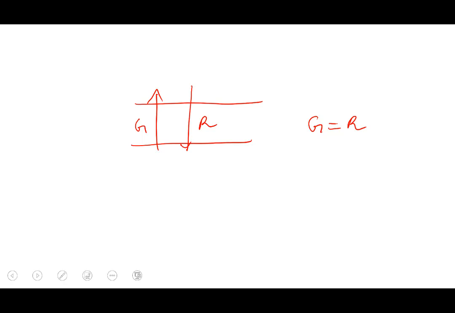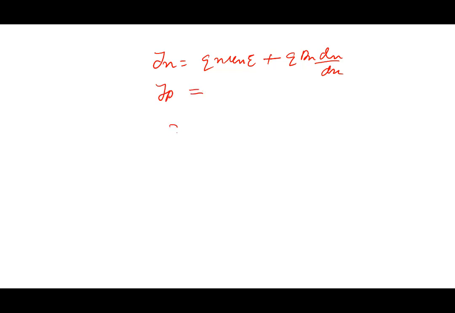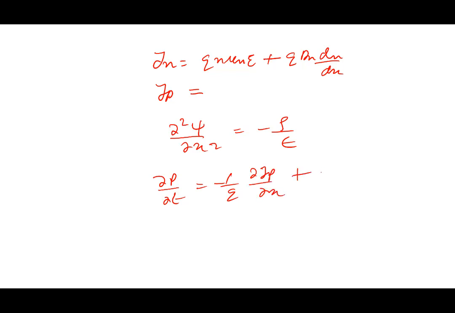All right, so if we look at it, now we have all these equations. We have this current equation, Jn is Qn mu n E plus Q Dn dn by dx. Similarly, we have an expression for Jp, and we have Poisson's equation, del square psi by del x square equals minus rho by epsilon, and we have this continuity equation now, del P by del T equals minus 1 over Q del Jp by del x plus G minus R. We have all these equations now.